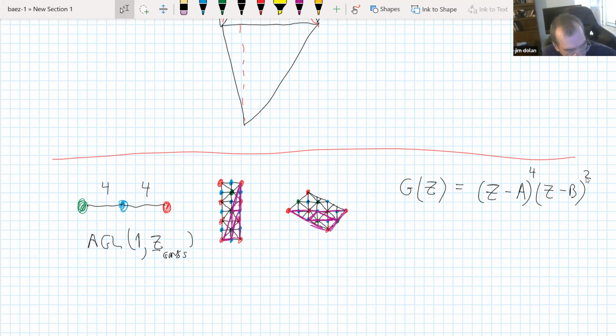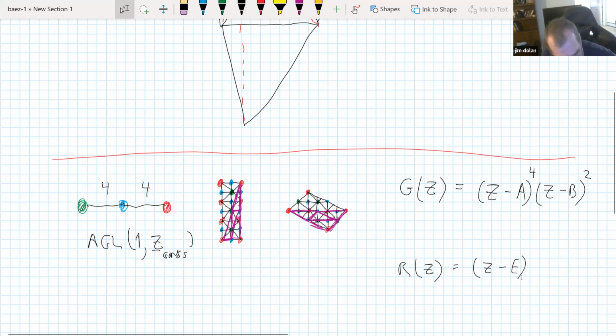And the one for the red, R of Z, is Z minus, I guess I'll call it E. I mean, this is also like that, but we just need different variable names, E and F, for these red things.